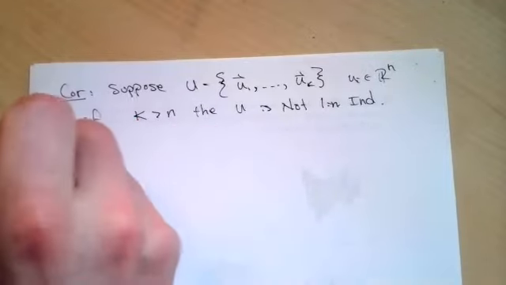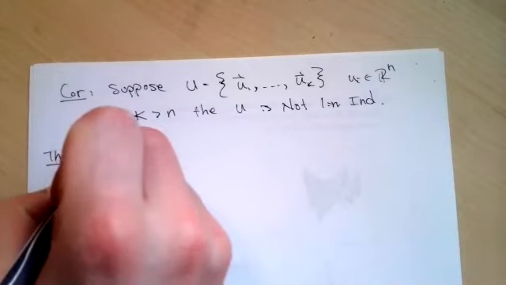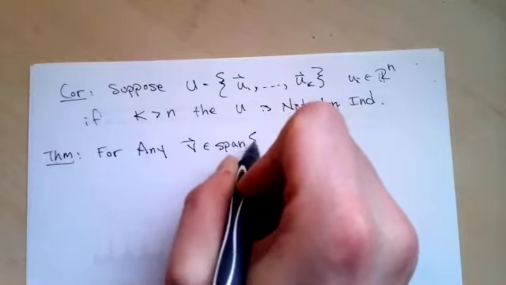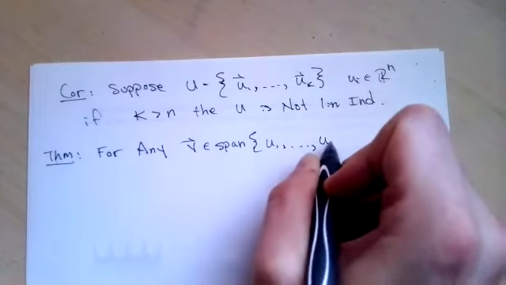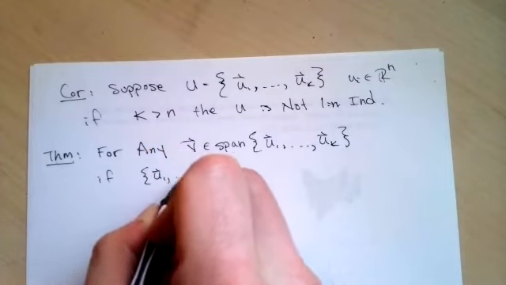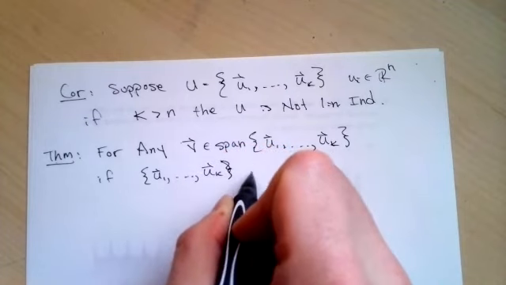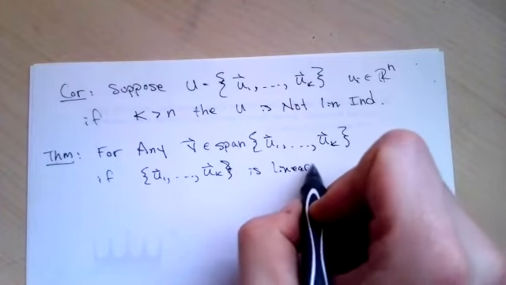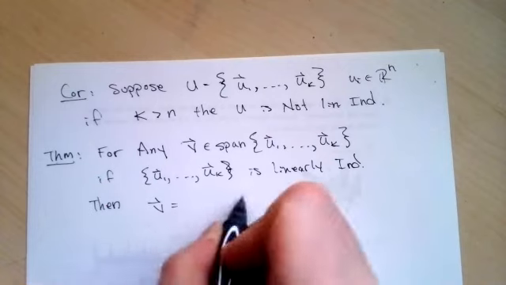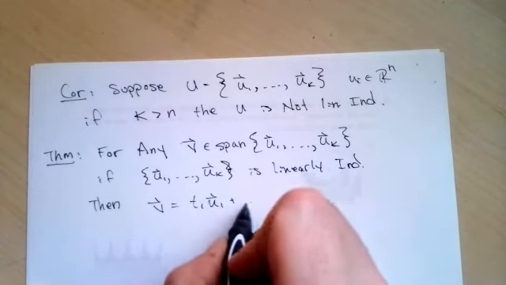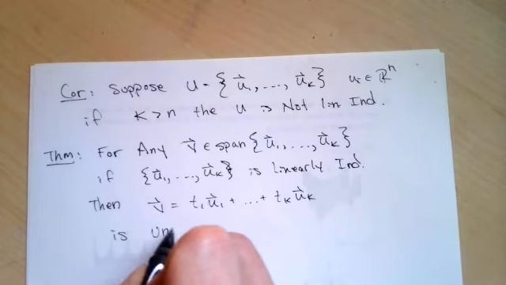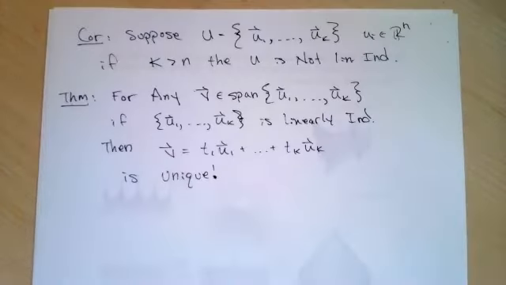And then, I think we have one last theorem. For any vector v in the span of a set of vectors, if that set of vectors is linearly independent, then we know that v can be written as a linear combination of those vectors, but it's unique, meaning there is only one solution.